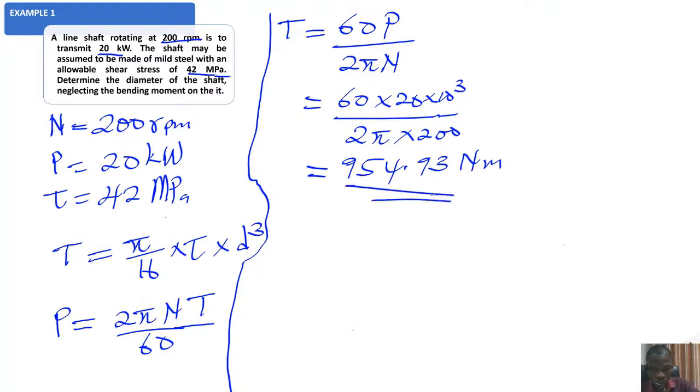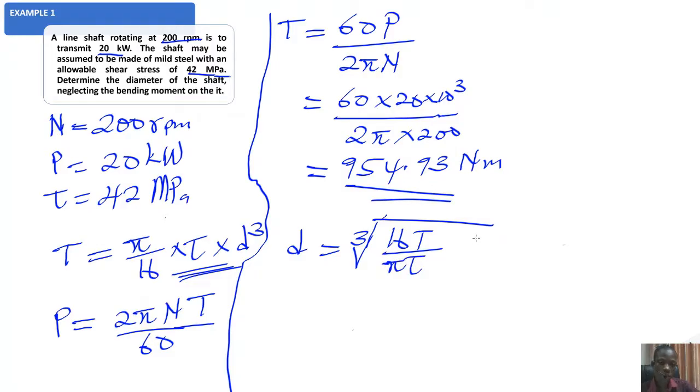Then with this value here, we now determine the diameter D. If you make D the subject of the equation for the shaft, then we are going to have D equal to the cubic root of 16T divided by pi times tau.